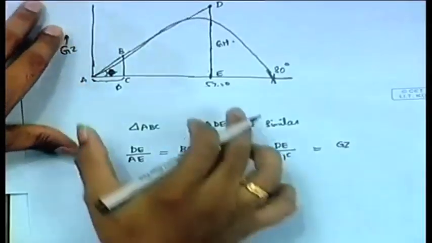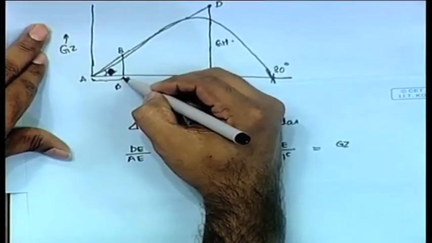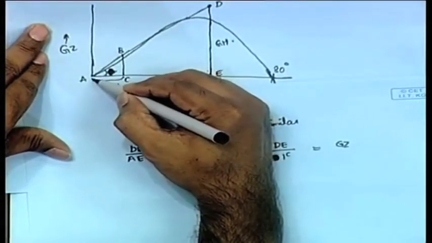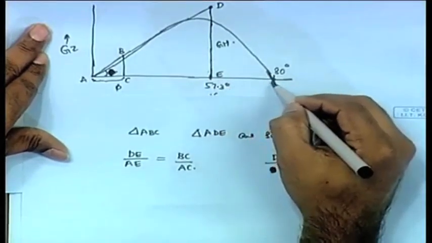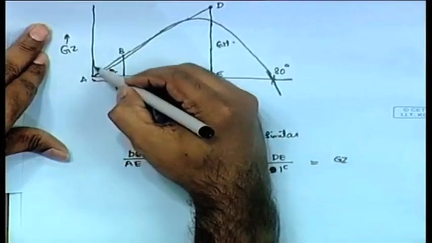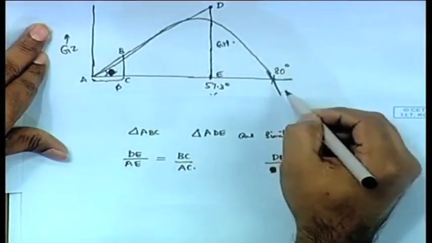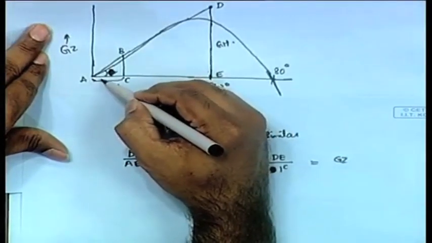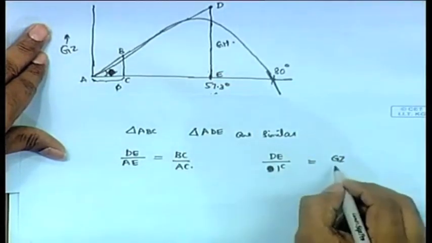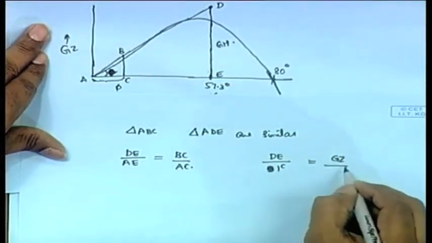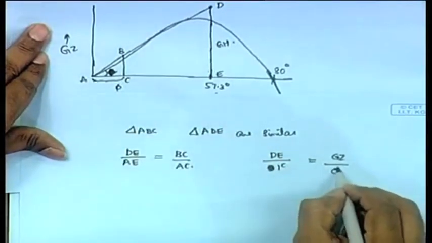So, this is GZ and this is phi. So, at any value, this represents the value of GZ at this value of phi. So, phi is changing from 0 to 57.3 to 80, and consequently GZ is changing from 0 to whatever is the value. Now therefore, at the value of phi you have the value GZ, therefore BC represents GZ at the value of phi, divided by AC, AC is phi, let us call it in radians.